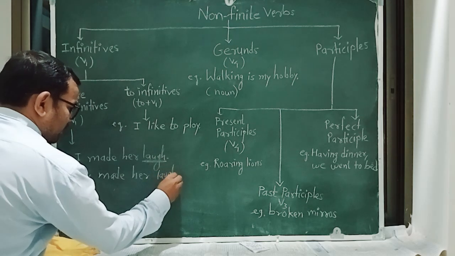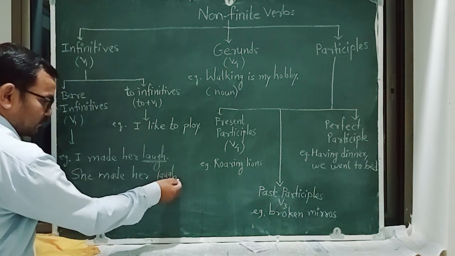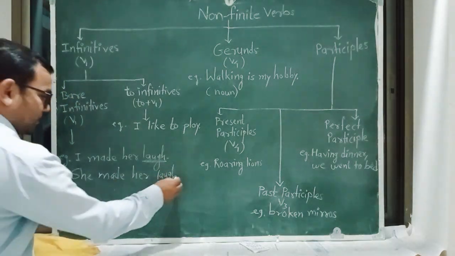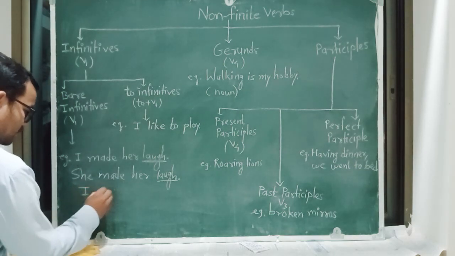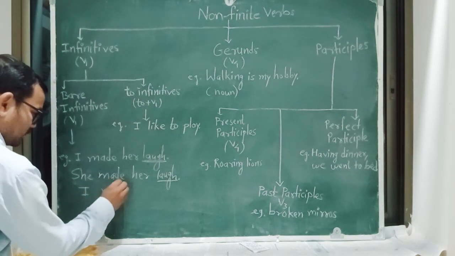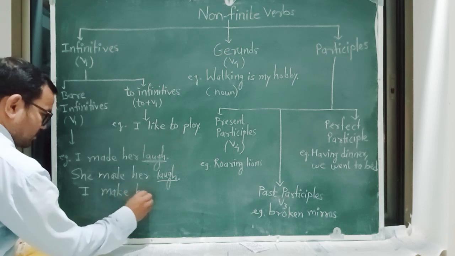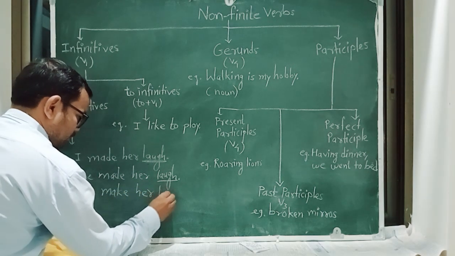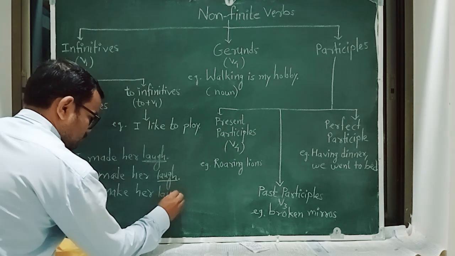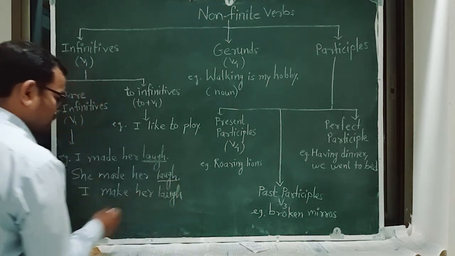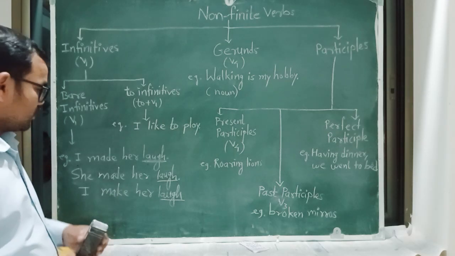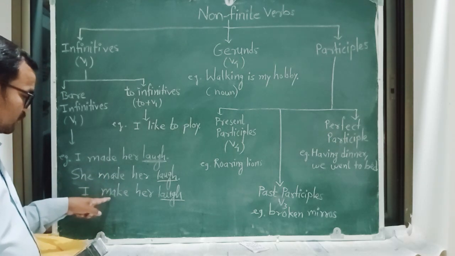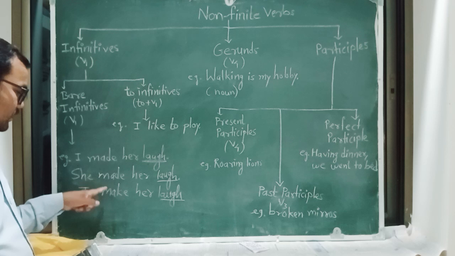So over here there is no change in the form of the verb laugh. If I change the tense, right, I make her laugh, right? So over here again laugh doesn't change. But if you see, there's a change in the form of the verb make or made, right?